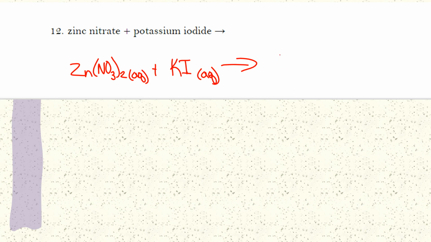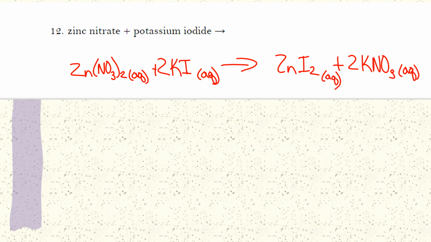And that formed zinc iodide and potassium nitrate. Yesterday we learned if everything was aqueous, it's no reaction. So let's do a proof of concept for why. This is my balanced molecular equation.